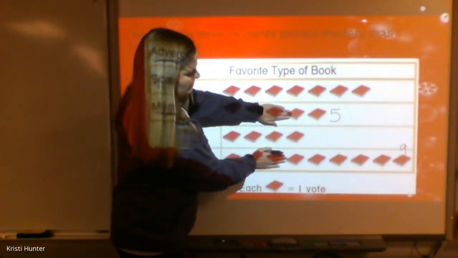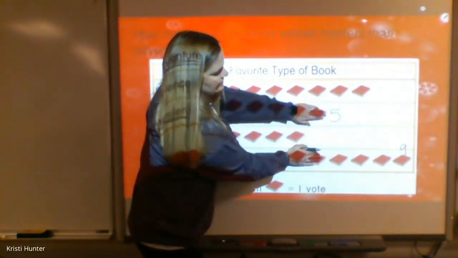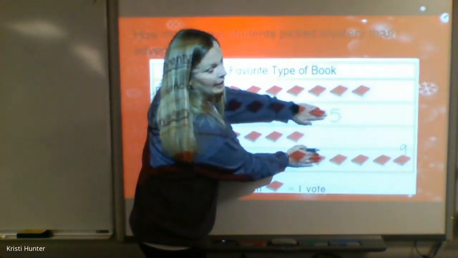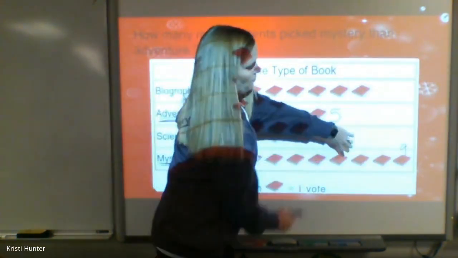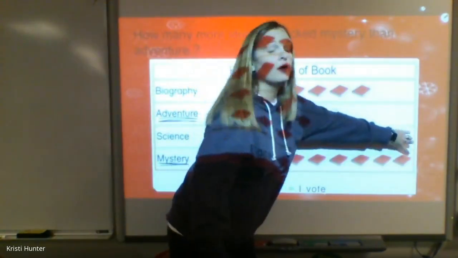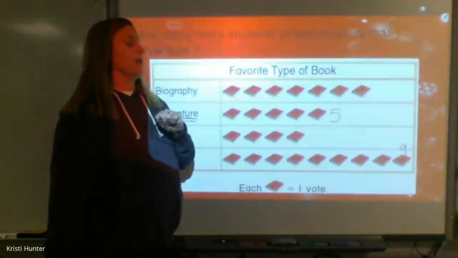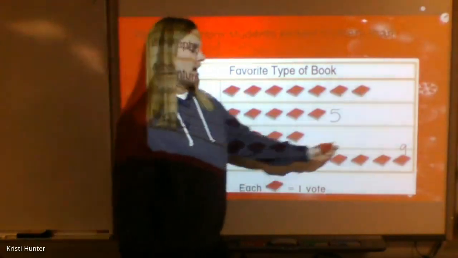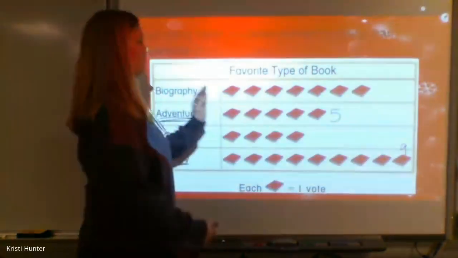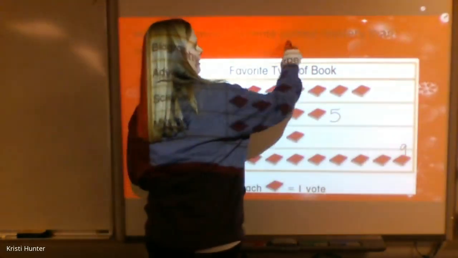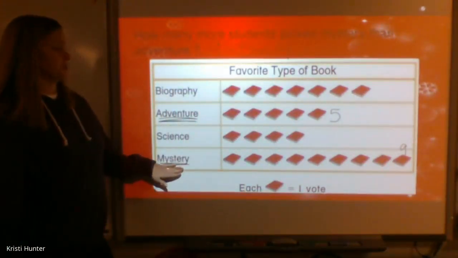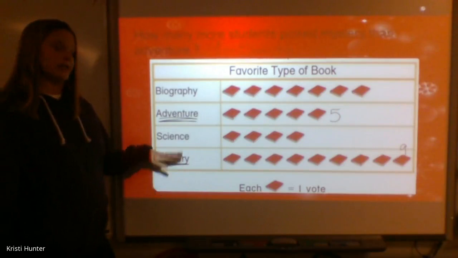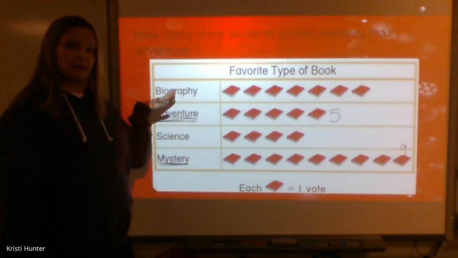Again, the same. The same. Now I ran out of books to compare, so I'm going to count my leftover books. There are 1, 2, 3, 4 books more on the 9 than there are on the 5. So 9 minus 5 is 4. So there are 4 more students who like mystery than like adventure books.